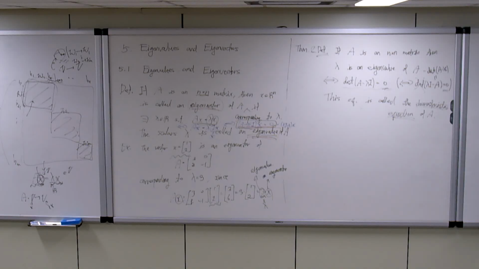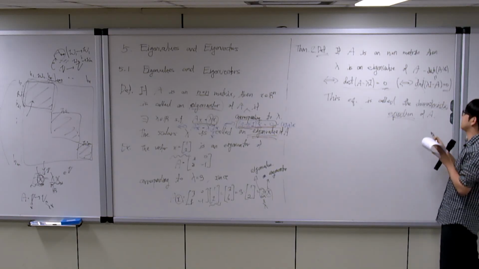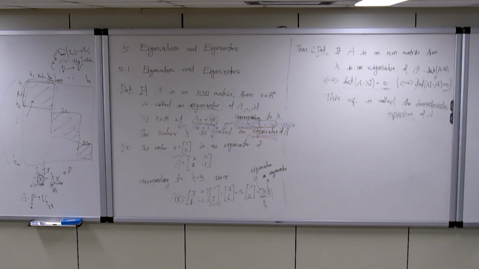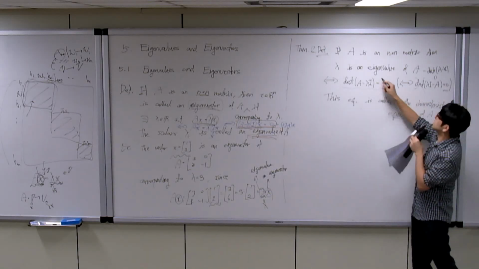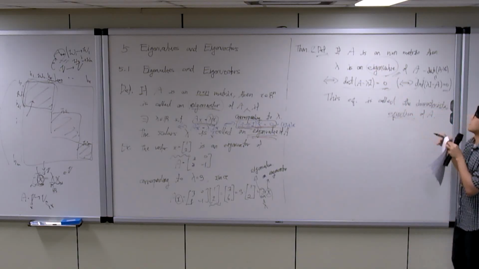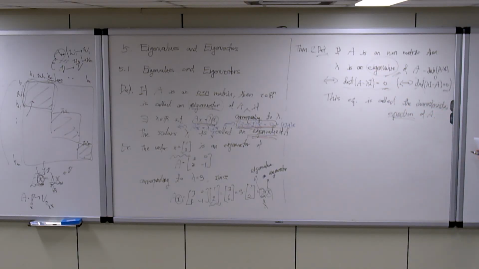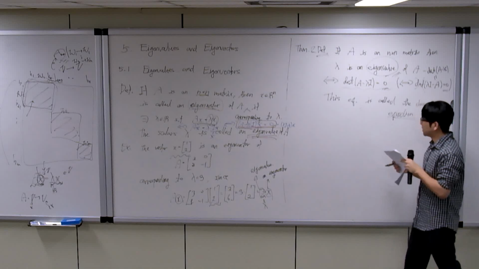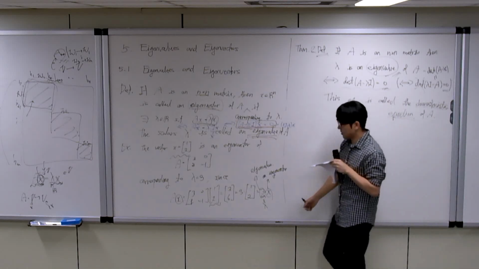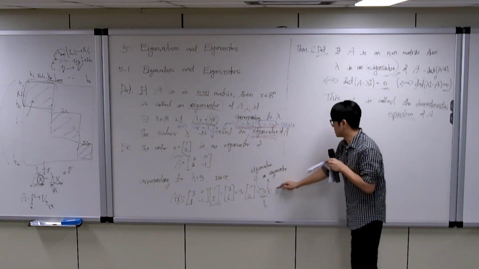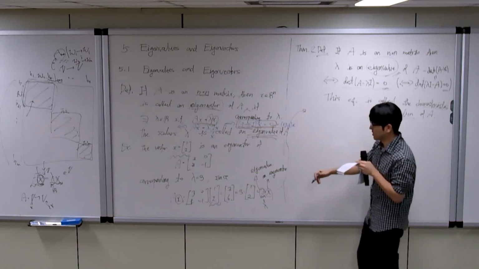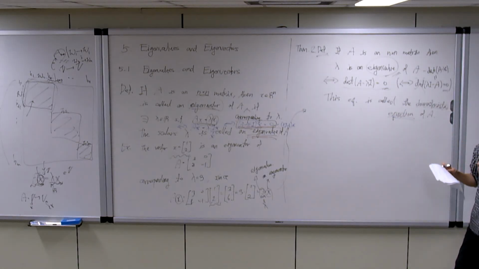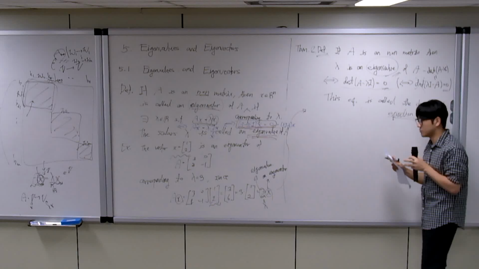And by calculating the solution of the characteristic equation of A, you can get the eigenvalue lambda of A. And now let's see the previous example. We saw that lambda equals 3 was an eigenvalue.